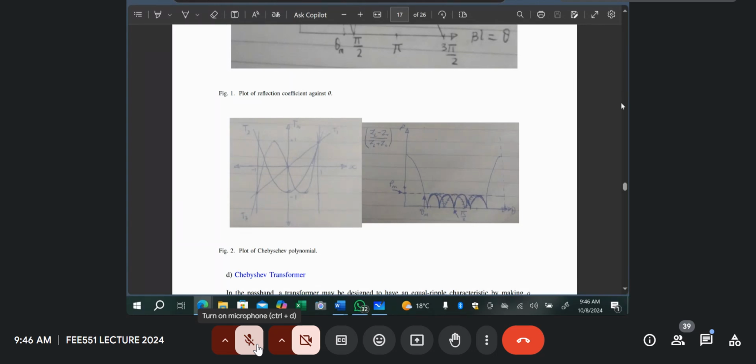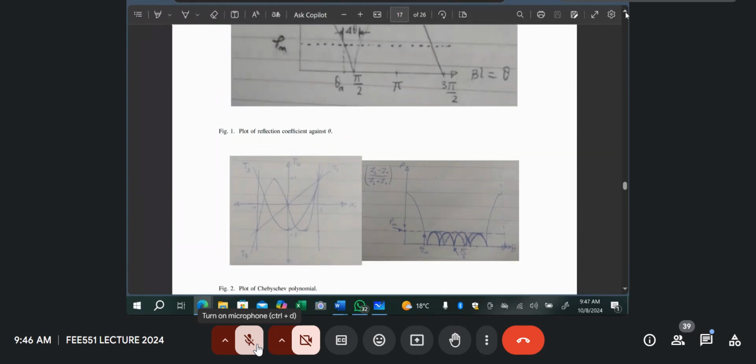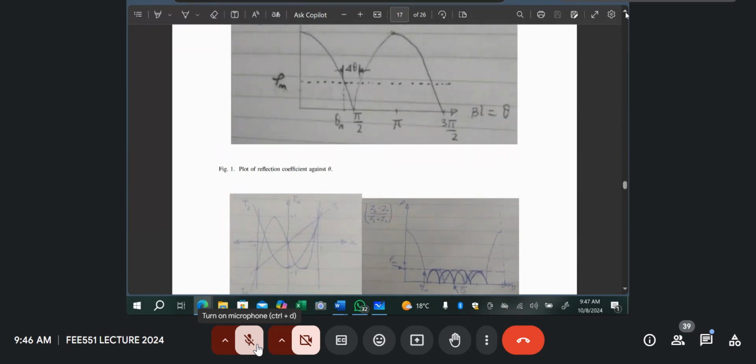For these ripples here, remember, if you look at it properly, we are saying that the Chebyshev transformer is able to give us the ripples within the bandwidth that we desire, isn't it? So do you think it's a good thing or not? We are able to use it.